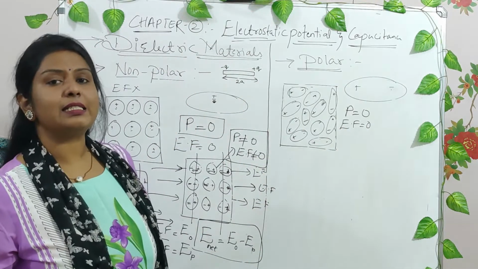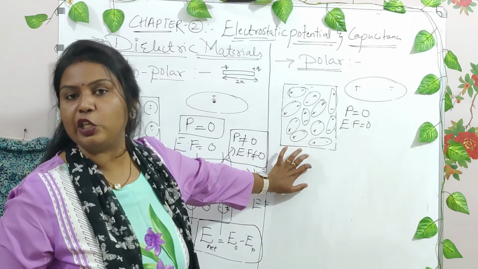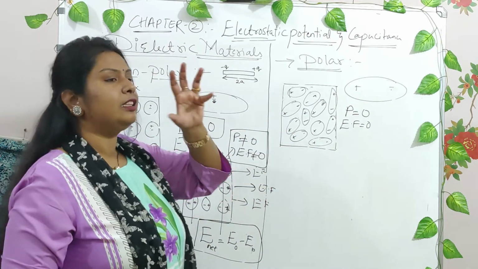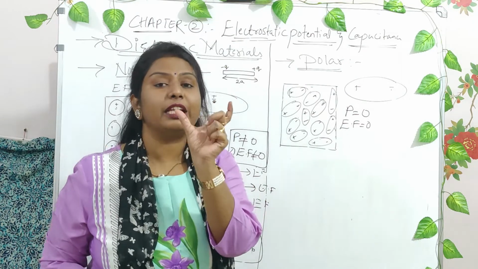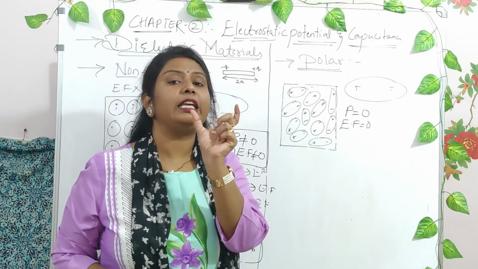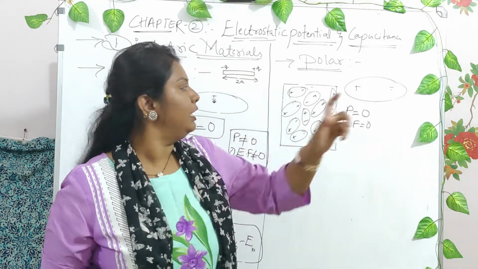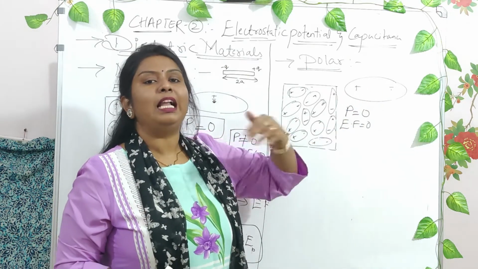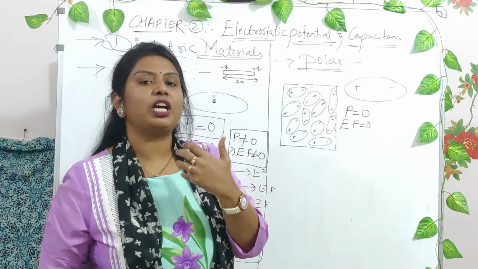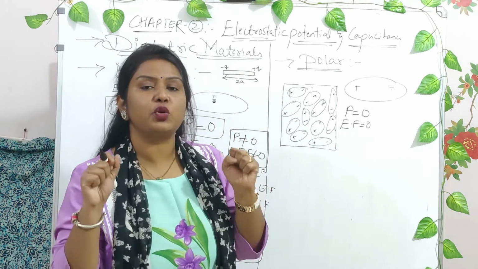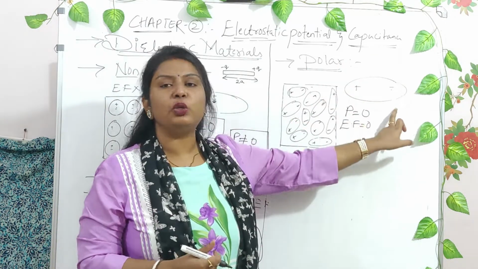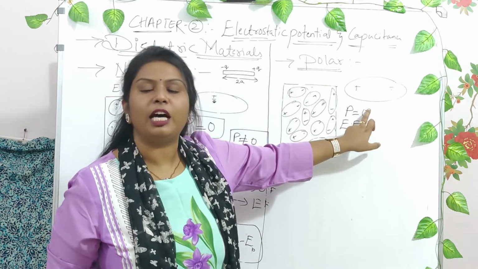What type of materials are called polar molecules or polar dielectric material? The material which has the dipoles present with some distance between them, and the positive and the negative charge have different centers, that type of molecules are called polar molecules.